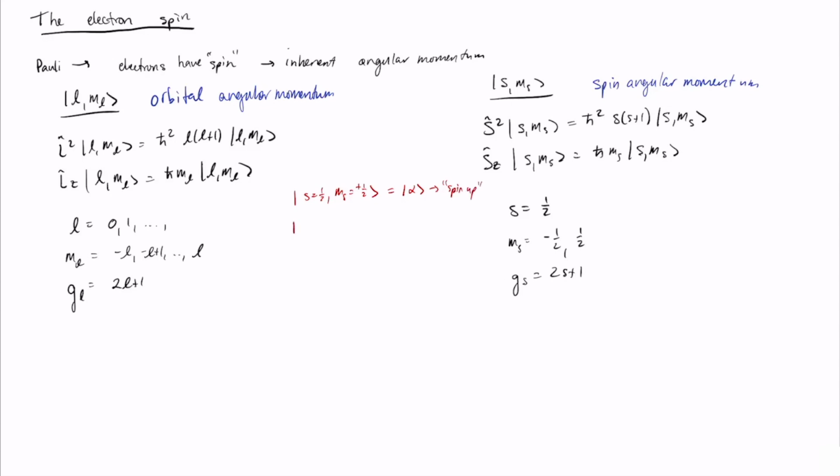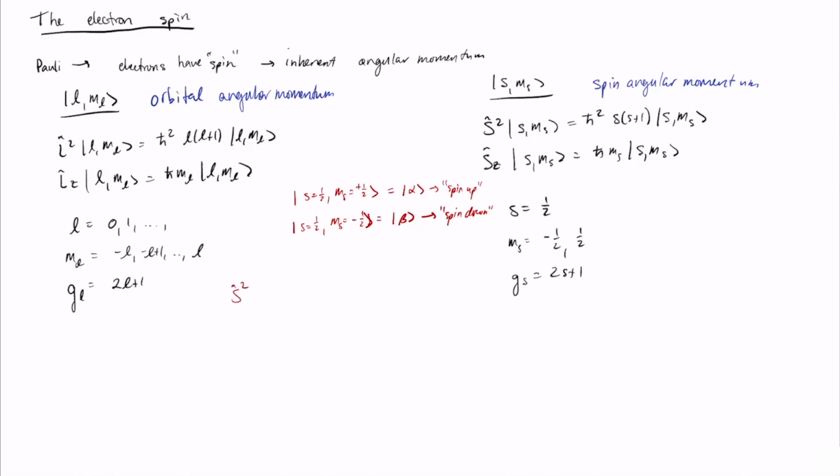The other possibility is we still have S equals 1/2. That's the only possible value for S. But now we have m_s equal to minus 1/2. These are called beta spins, and also referred to as spin down. So if we look at what happens with the application of S² and S_z onto these 2 different kets, the alpha and the beta, we see something really straightforward.